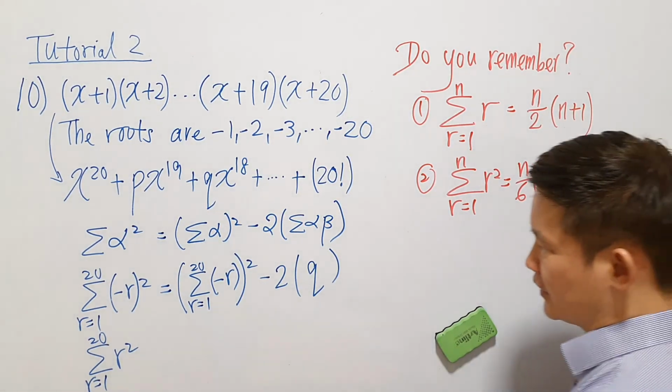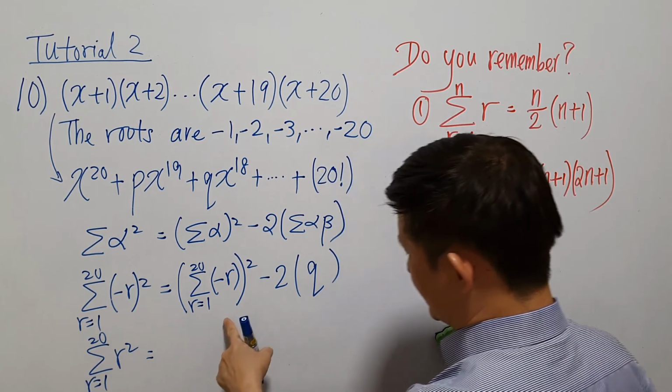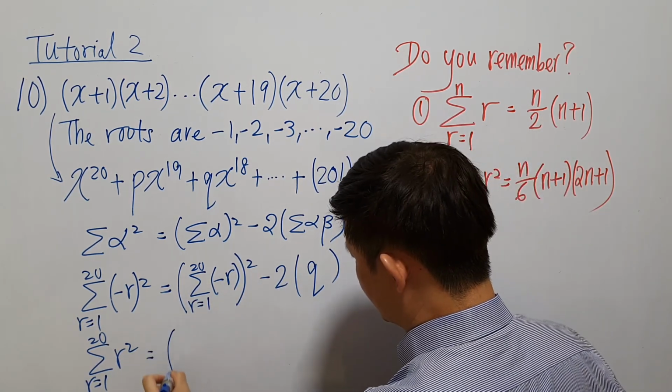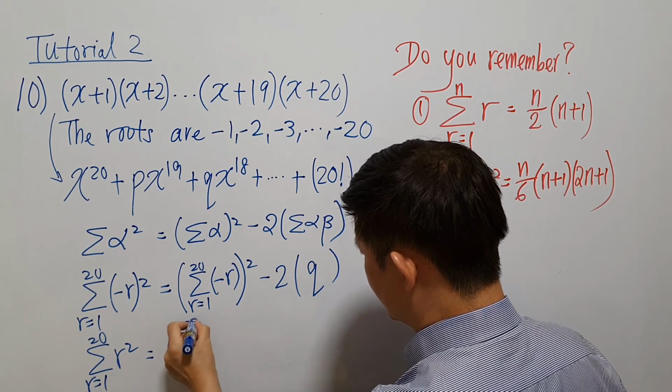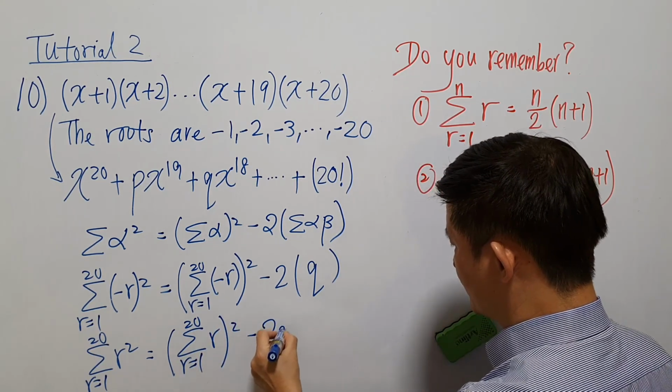And then for this one, I can pull out the minus because the square becomes just positive. I can write this thing as r squared minus 2q.